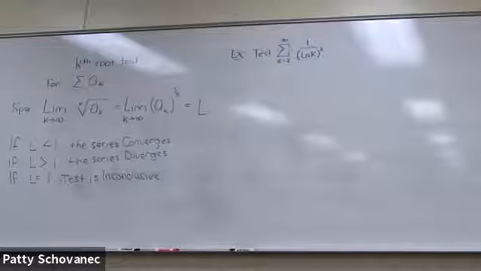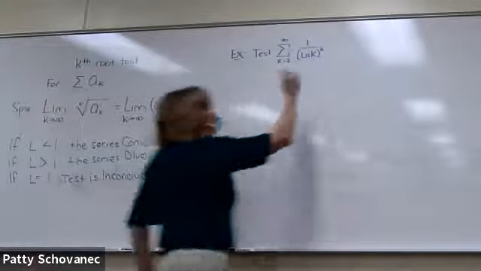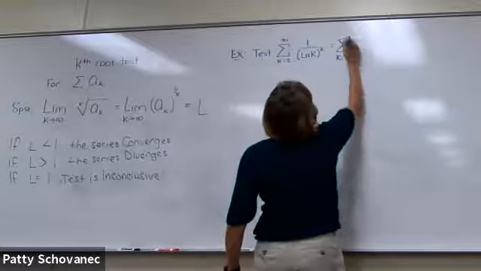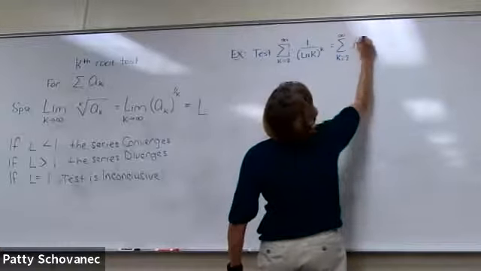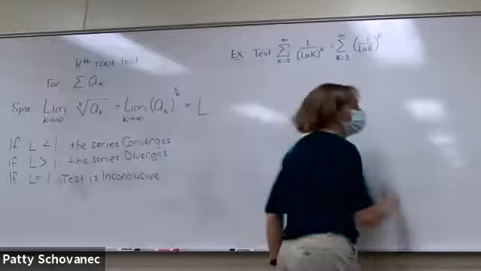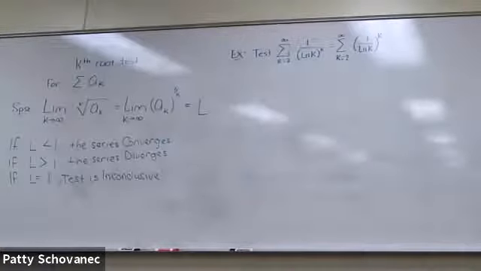So it doesn't matter if that 1's up there, because 1 to any power is 1, right? 1 to any power is 1, so we're okay there. I can also think of this as being the same as this. So there I have everything raised to the kth power. And so I do the kth root test.